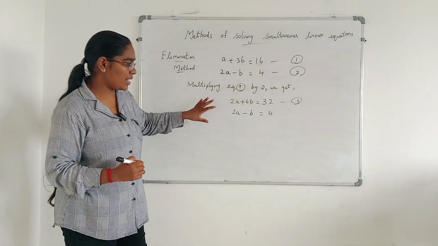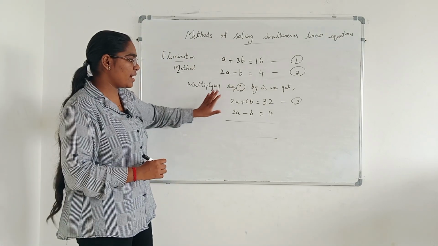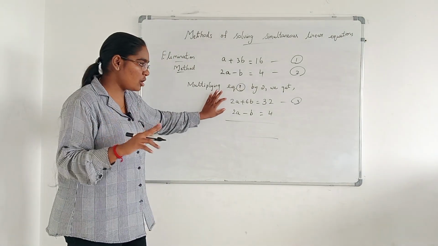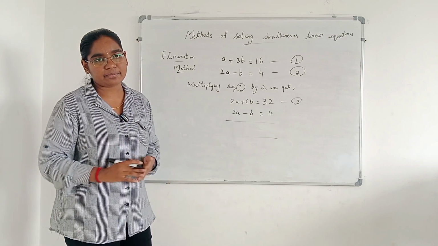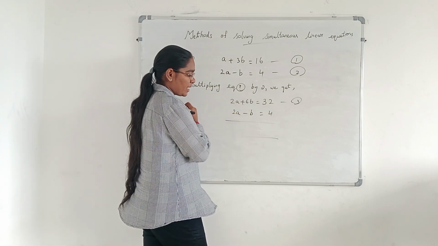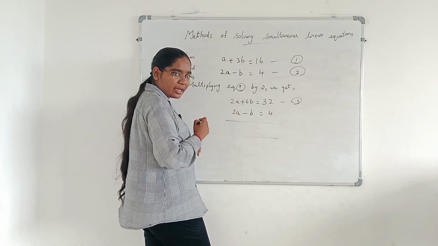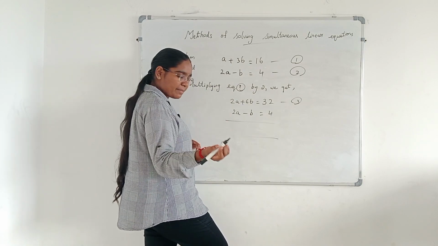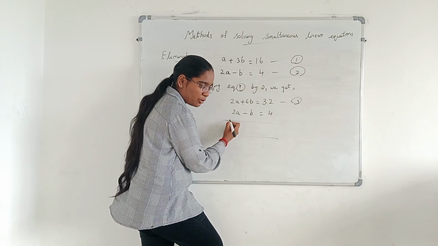Next, step number 2 is, by either adding or subtracting, you should eliminate a variable. So here we can do subtraction. By subtracting you can eliminate this A. For subtraction, always change the signs below.